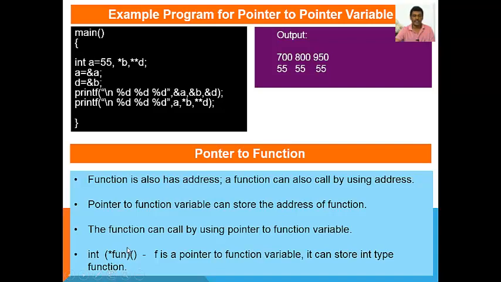That function should return an integer, so that's why we give the integer type here. Int star fun. So fun is a pointer to function variable. It can store an integer type function. This is a function pointer variable declaration. A function pointer variable is also called a pointer to function. So this variable can store the address of a function.